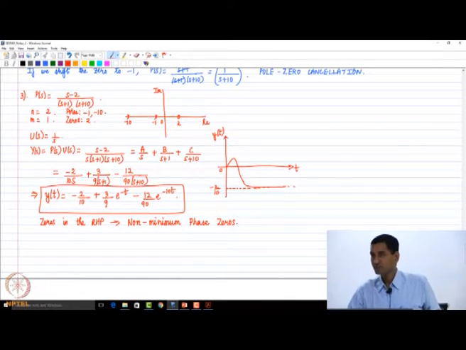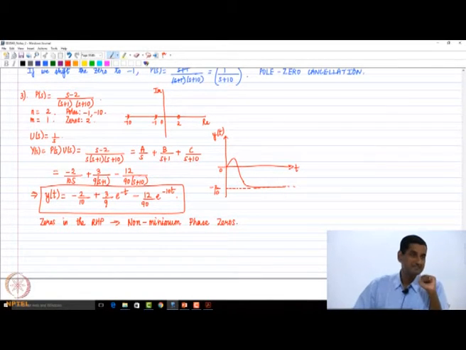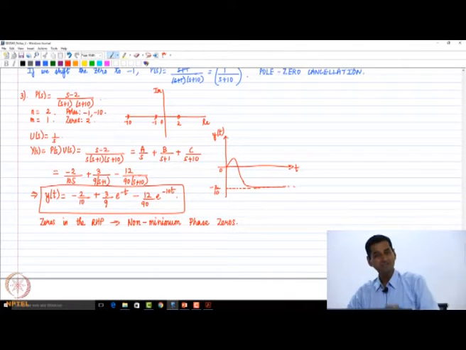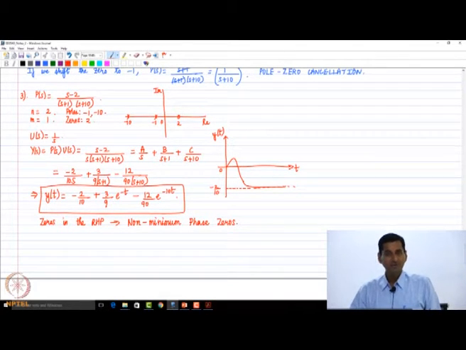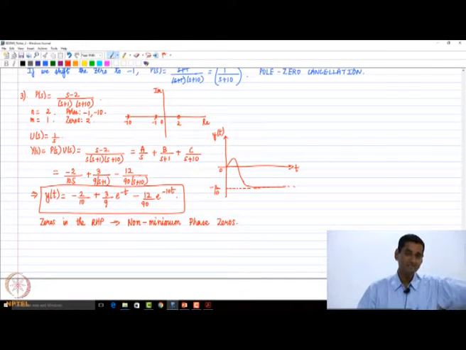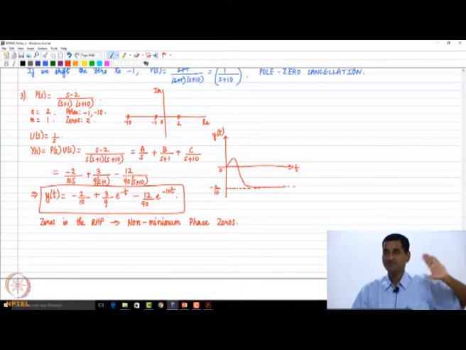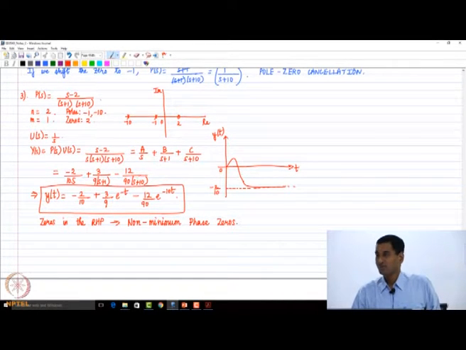But those are called non-minimum phase zeros. So what is the definition of non-minimum phase zeros? Zeros in the right half of the complex plane. A non-minimum phase system is one which has zeros in the right half plane, and a minimum phase system is one which has all poles and zeros in the left half of the complex plane. So that is the definition of minimum phase and non-minimum phase.